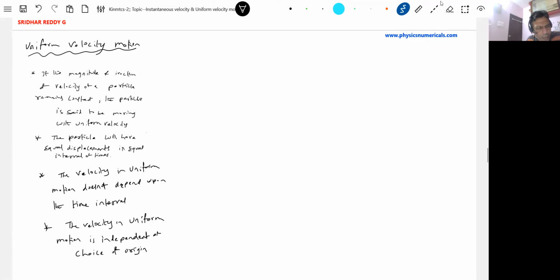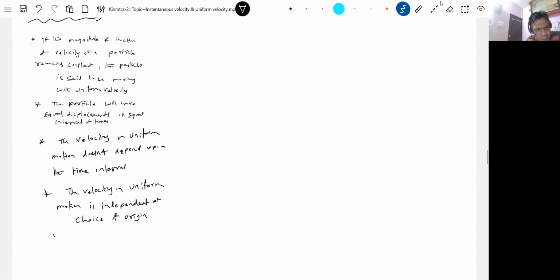So what is a uniform velocity motion? It's a body moving in a straight line with a constant speed. Example of this: a body moving along a straight line with constant speed.